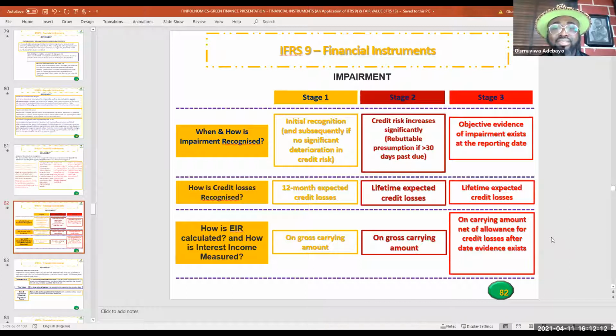Okay, that is that for stage 1. You can only go to stage 2 when you start to experience difficulties from stage 1, where you experience what we call a deterioration in credit risk.